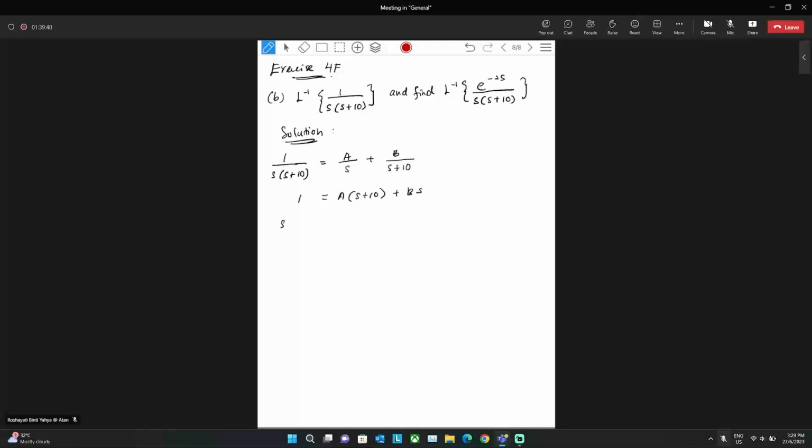So S equal to 0 makes B equal to 0. So 1 equal to 10A, so that A equal to 1 over 10. And then S equal to minus 10, you will get 1 equal to minus 10B. So B equal to 1 over negative 10.